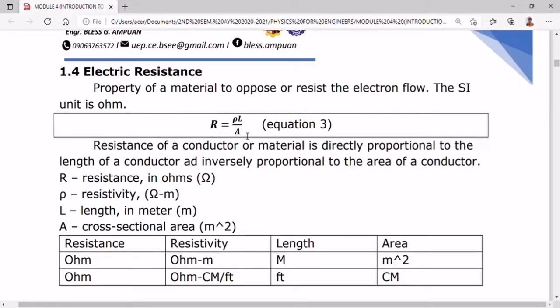The smaller the area of a particular conductor, the greater the resistance. The bigger the area, the smaller the resistance.